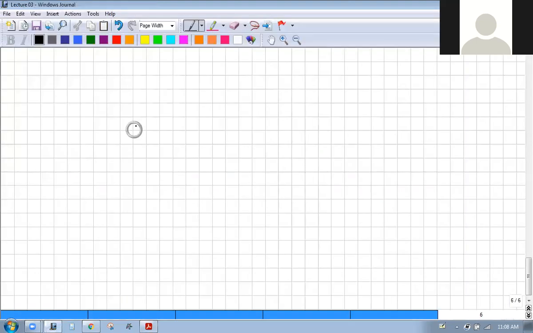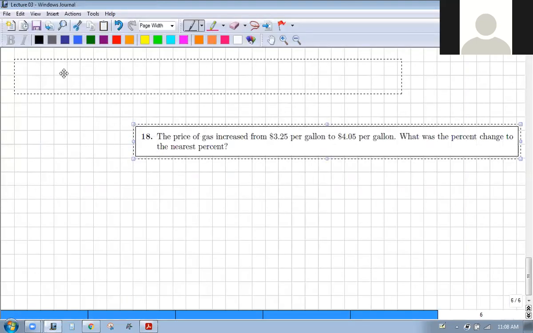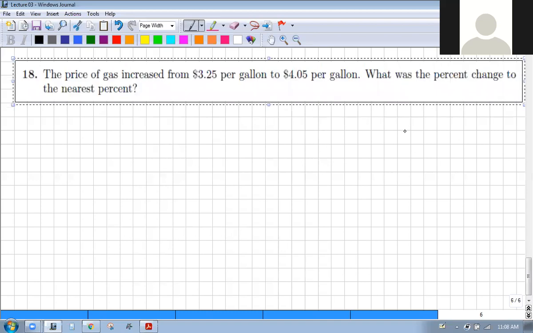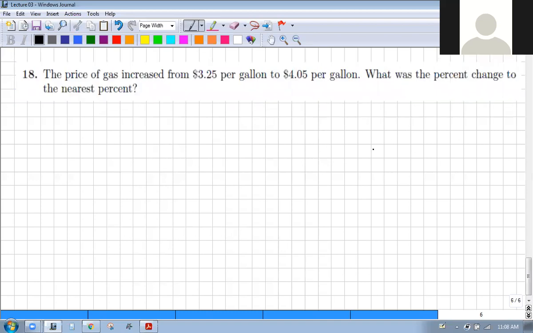Number 18. All right, the price of gas increased from 325 to 405. What was the percent change to the nearest percent? Let's see, well, how much did it change by?